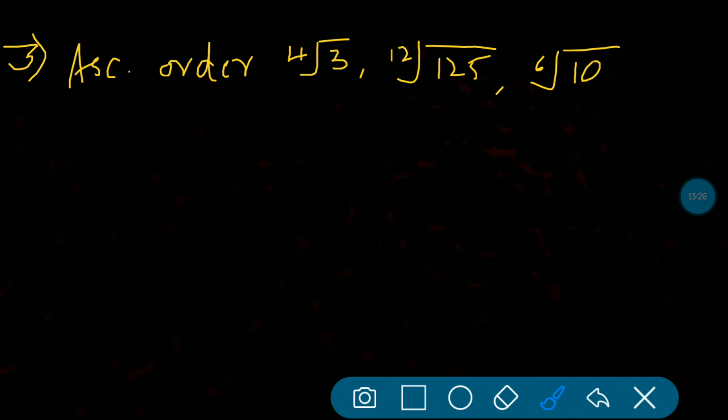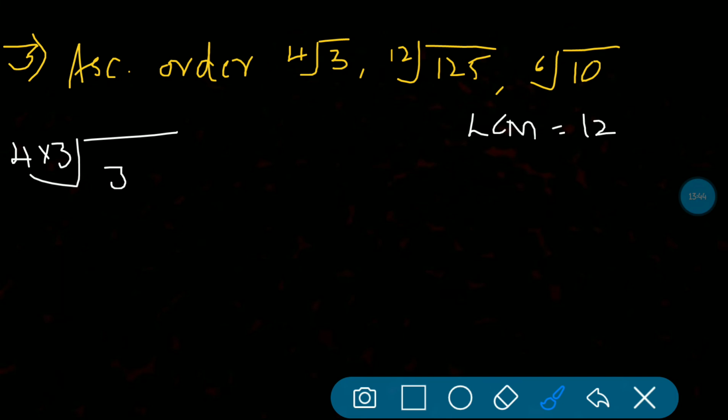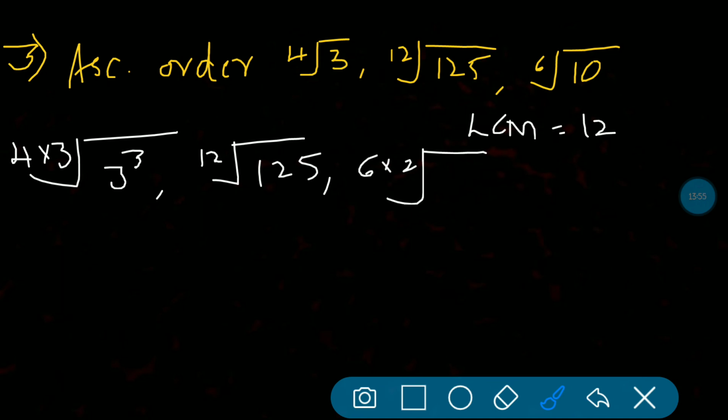First, what you have to do, I'll tell you. Now first you have to find out the LCM. What is the LCM of 4, 12 and 6? It is 12. LCM is 12. Now same thing, you are going to multiply to the order as well as put that multiplied value to the radicand, the power you have to put it. 12 is 12 only, leave it like that as it is, and 6 2's and 10 square.